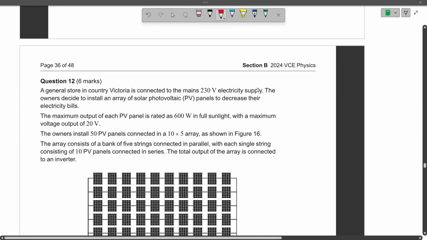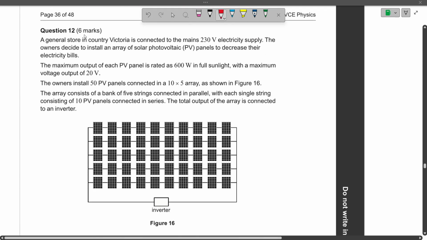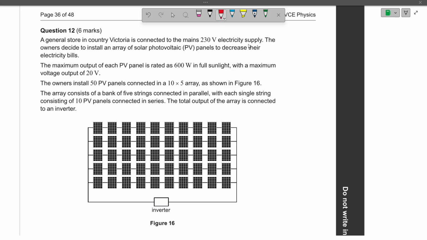All right. Question 12. A general store in country Victoria is connected to the mains 230 volt electricity supply. The owners decide to install an array of solar photovoltaic panels to decrease their electricity bills. The maximum output of each PV panel is rated as 600 watts in full sunlight, with a maximum voltage output of 20 volts.